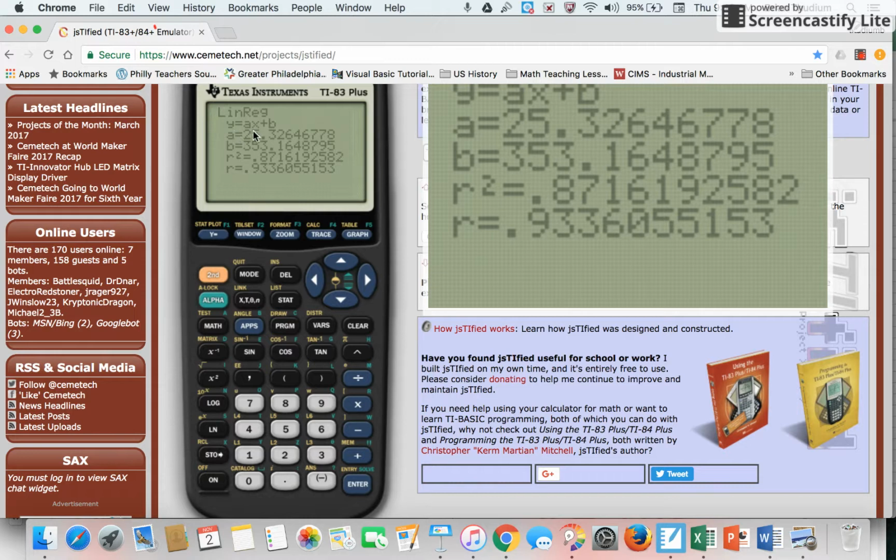So the calculator figures out what would be a line that would best characterize the data in the scatter plot. In this case, it's in the form y equals ax plus b, where a would be the slope of that line and b would be the y-intercept. But then there are these other two numbers underneath, r squared and r, and we're looking at r as the correlation coefficient. So this is 0.93.